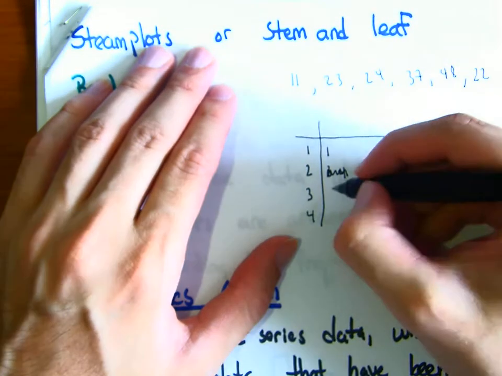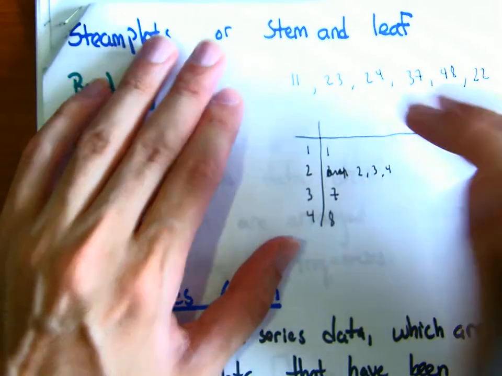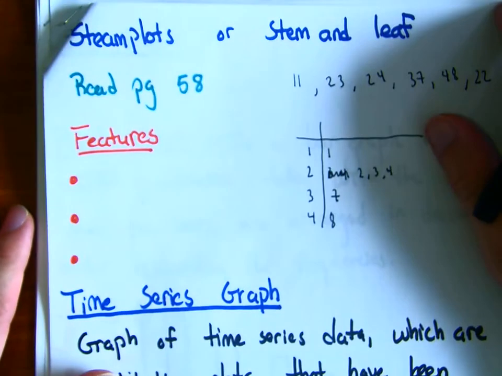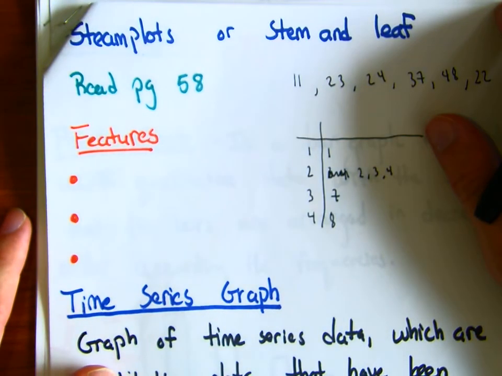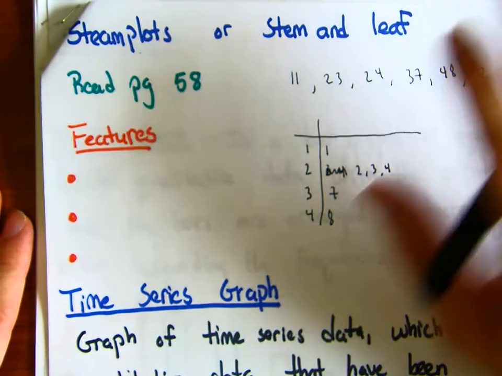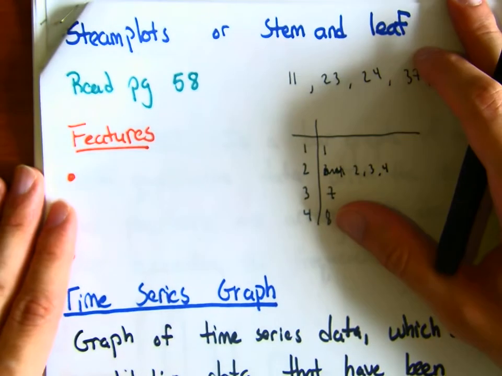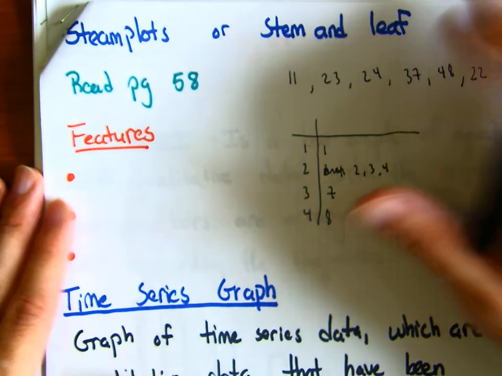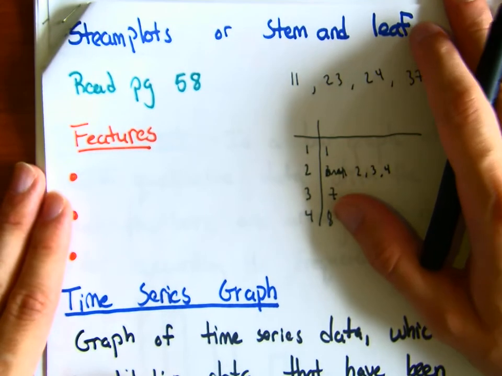If I wanted 37, I put the 7 here, and this is 48. That's a stem and leaf plot, and it has its own positives and negatives. This is a little childish, but that's one way of representing data.